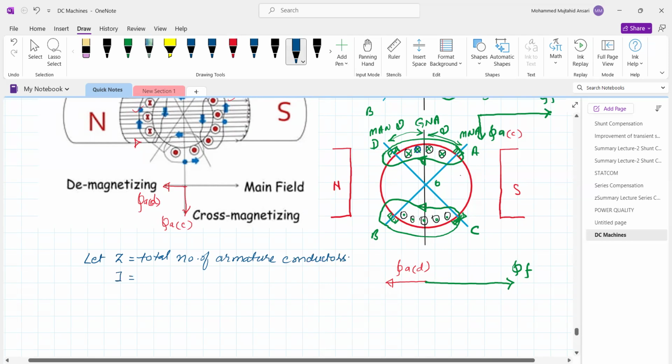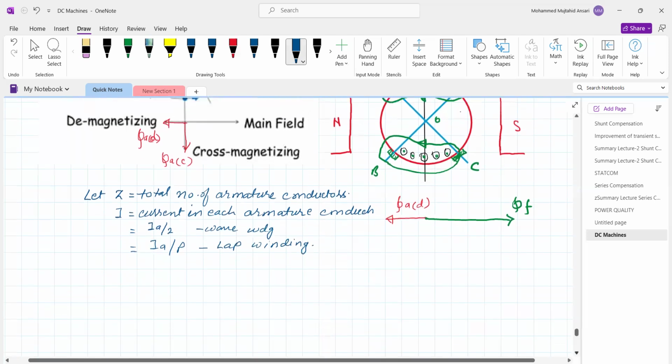Let I be the current in each armature conductor, which is equal to IA upon 2 for wave winding, whereas it is IA upon P for lap winding, where these are the number of parallel paths. So the current is equal to IA upon P.